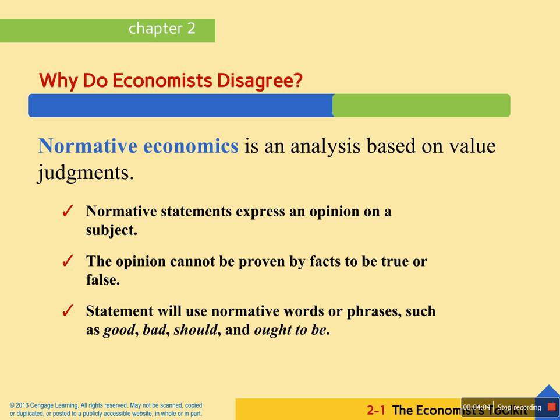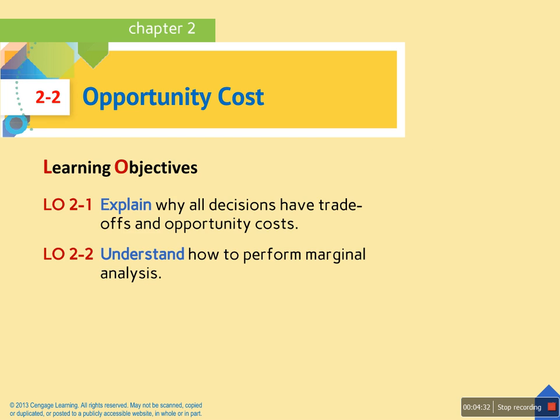This ought to be a good quarter for technology companies because unemployment has gone down to 6%. It's not something you can really measure. It's not based in fact. It's an economist saying it should happen, it might happen, or that is very good for the economy or very bad for the economy, but it's not measurable or cannot be proven by facts. That's normative economics.